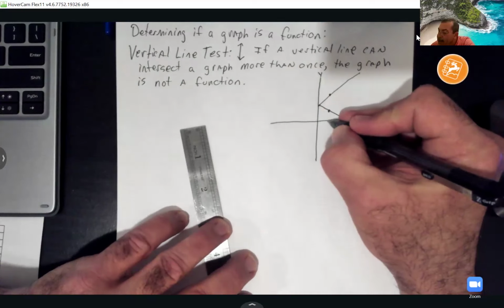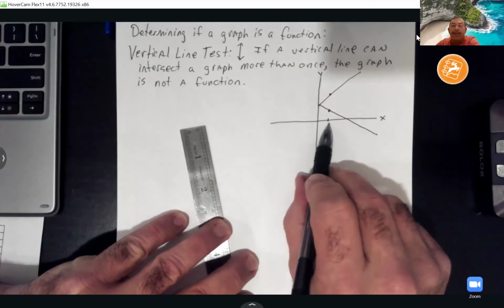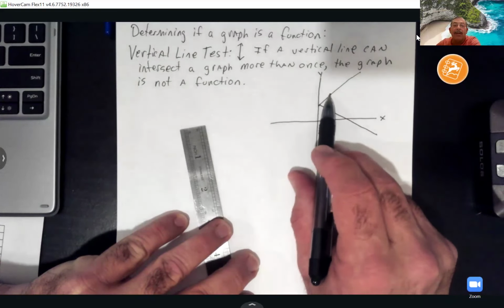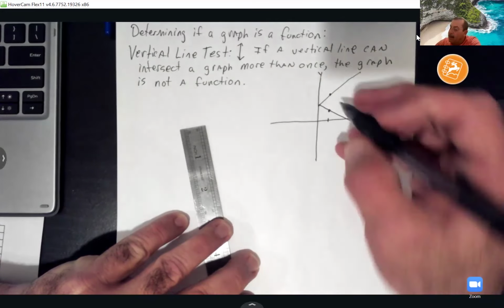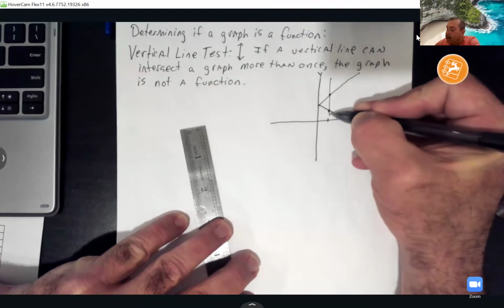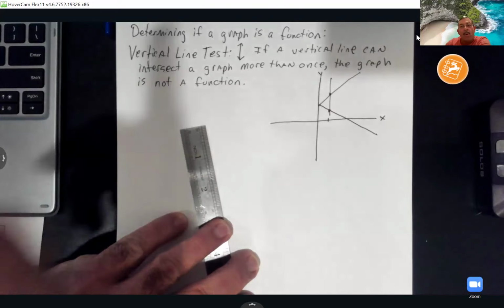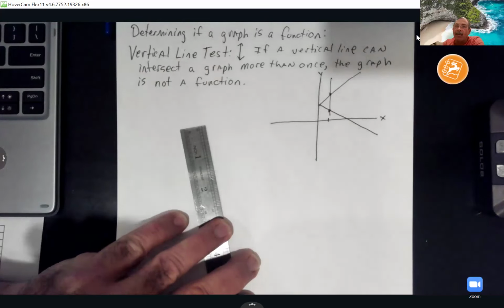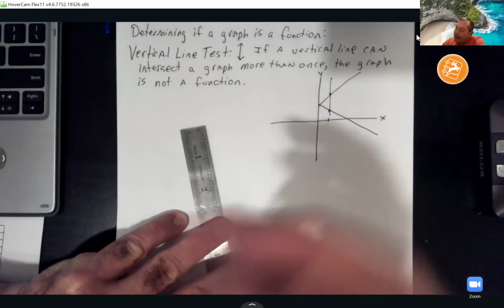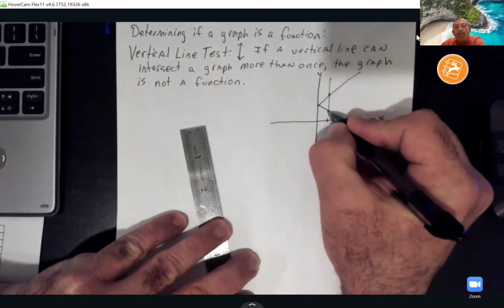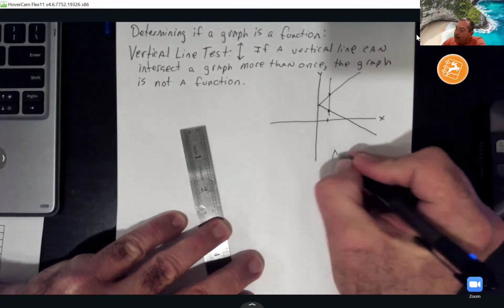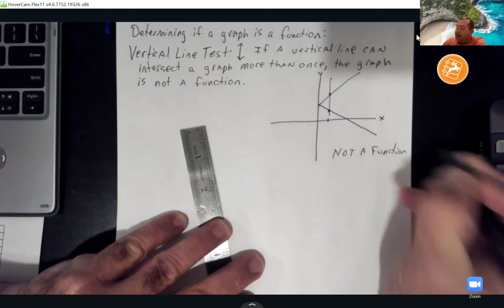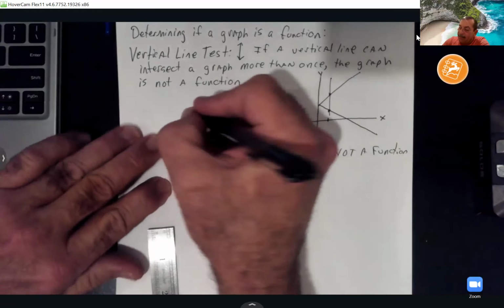Well, that means this little X value that was right here, say 2 or whatever, it's got 2 different Y values, don't it? So if that vertical line can intersect it more than once, that means you got more than one y value. And that was definitely what we said when we defined the function, right? We said that these x's can only have one y value. So this one is not a function because it failed the vertical line test.